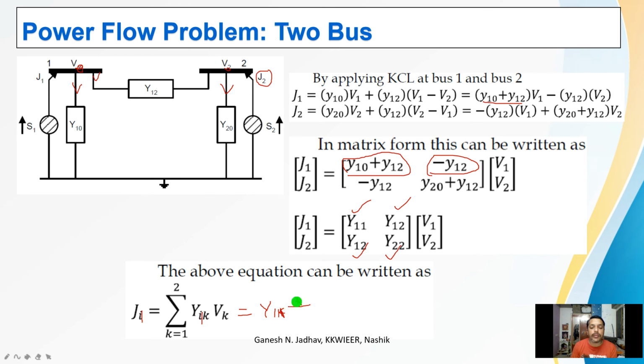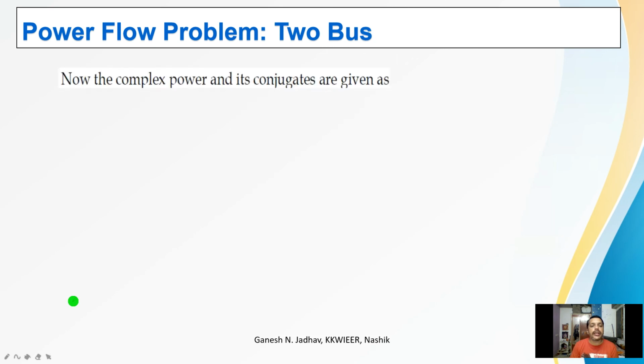So Y11 V1 plus, then k will become 2, so Y12 V2. So this is the equation we are getting: Y11 V1 plus Y12 V2.